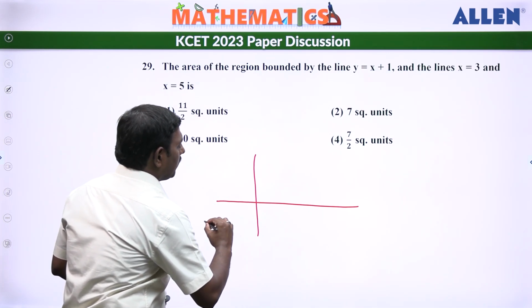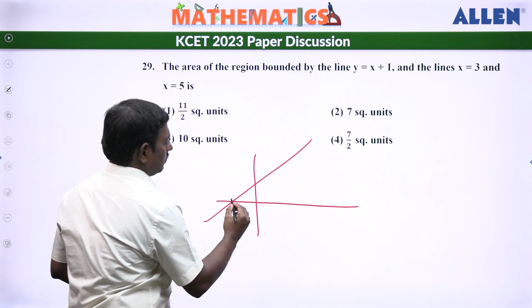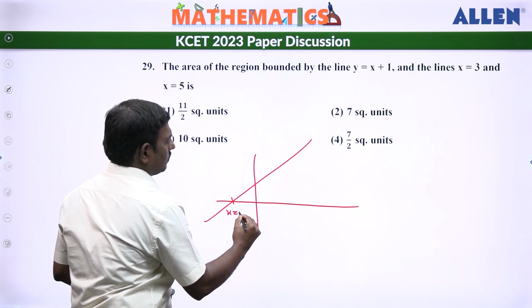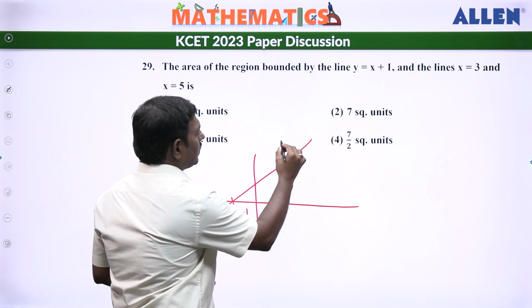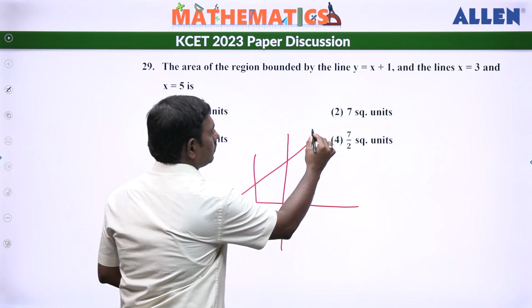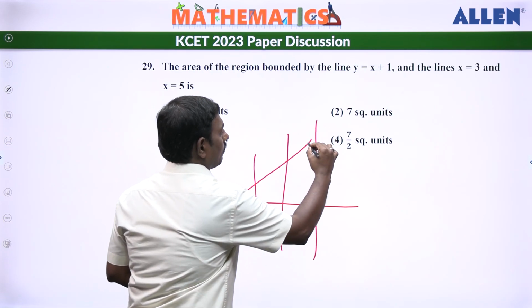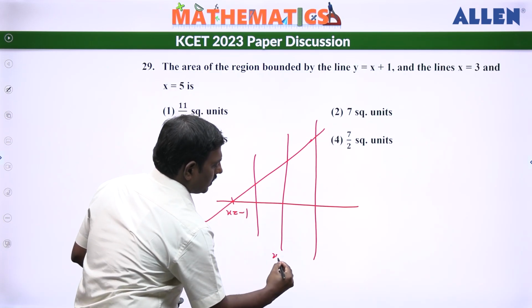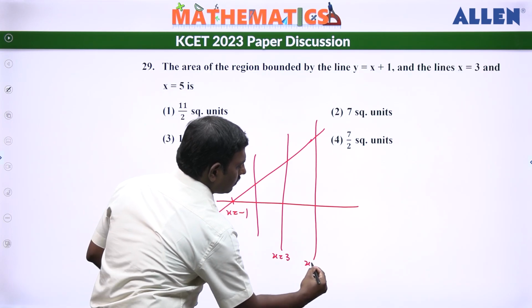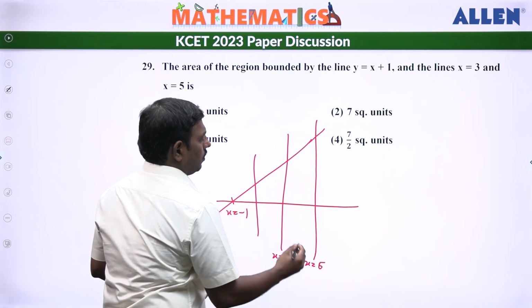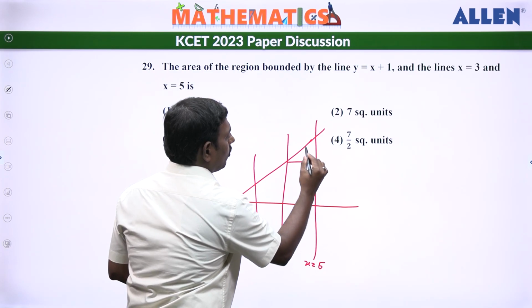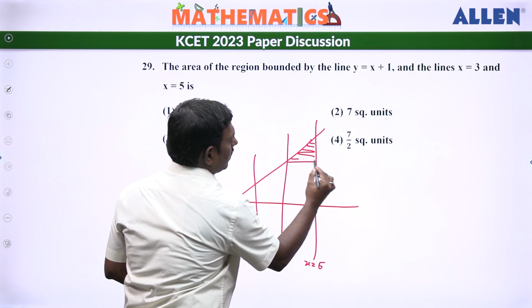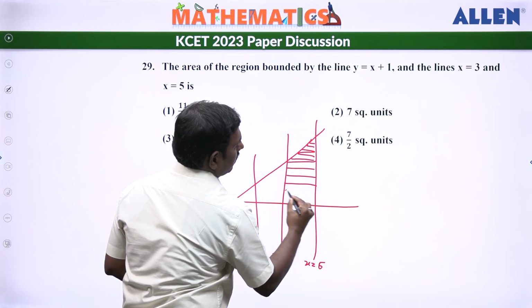So y is equal to x plus 1, when you plot the graph, at x equal to minus 1 it is 0, and the lines are x equal to 3 and x equal to 5. So the area bounded by this is basically this area plus this area.